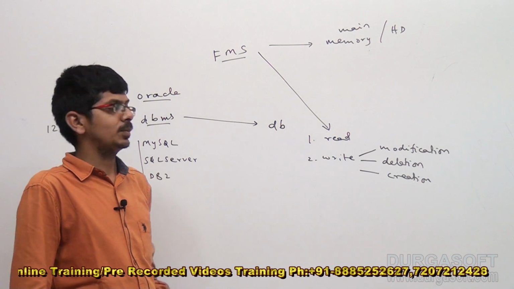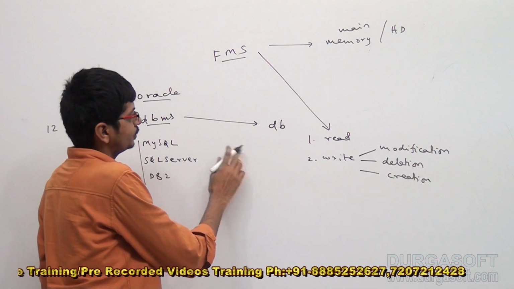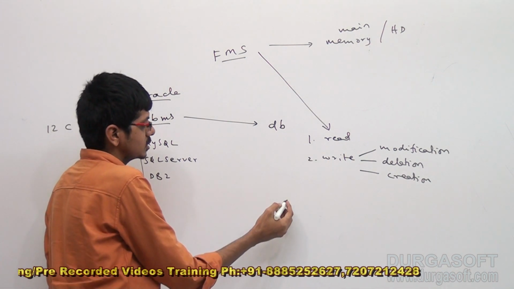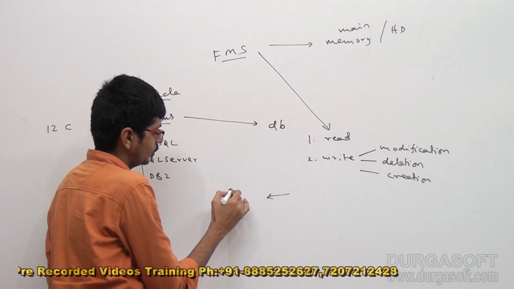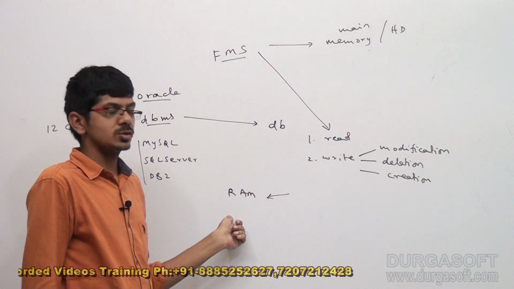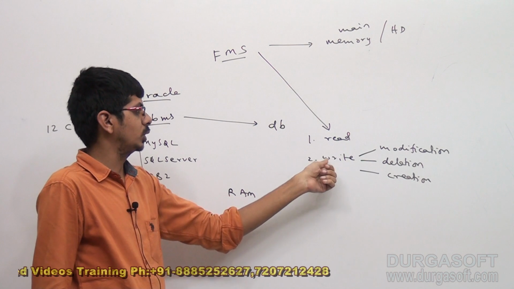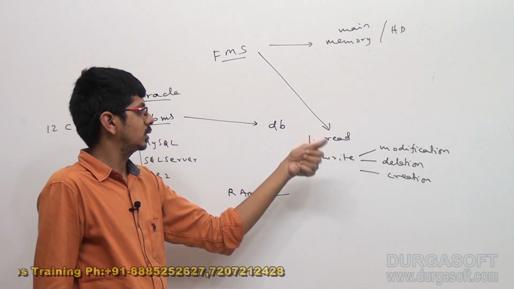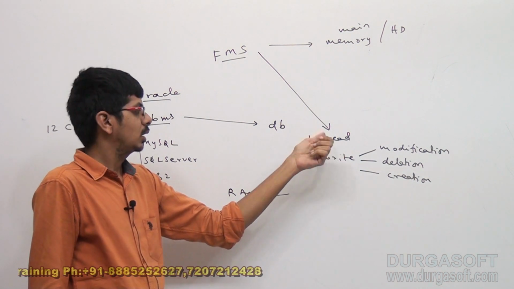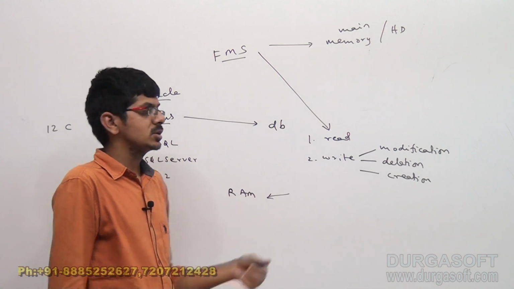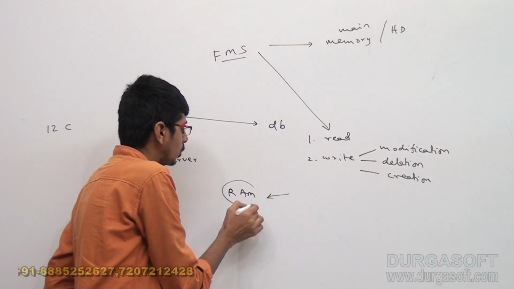So in DBMS what happens is, whenever the data is accessed from the hard disk, the data is stored in RAM, that is random access memory. So whatever operations you are doing, that may be the second time or third time or fourth time reading, or any writing operations like modification, deletion, creation, these operations are done in RAM only.